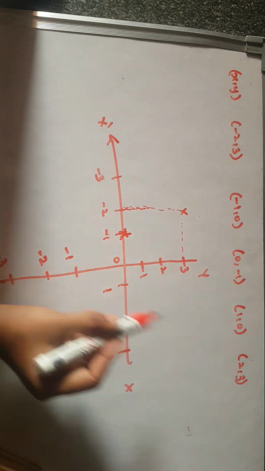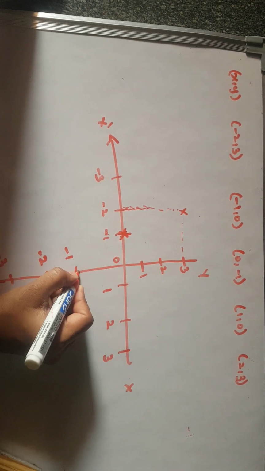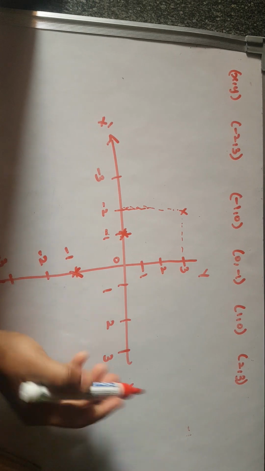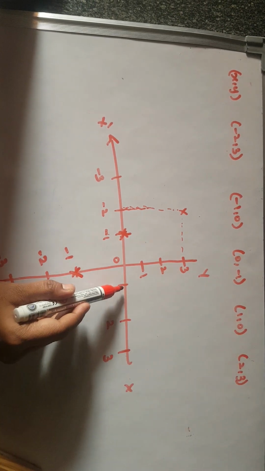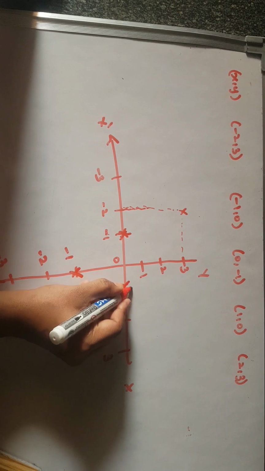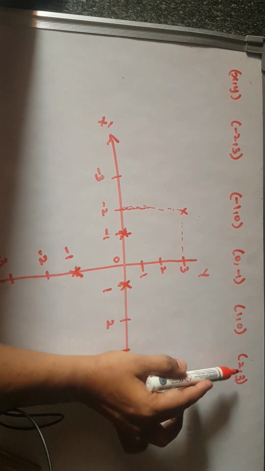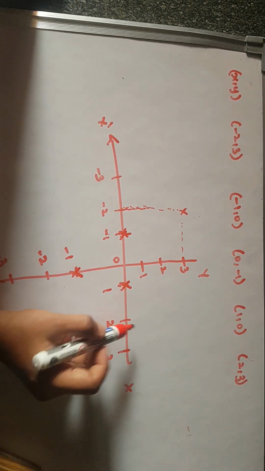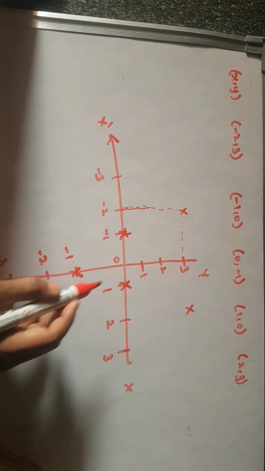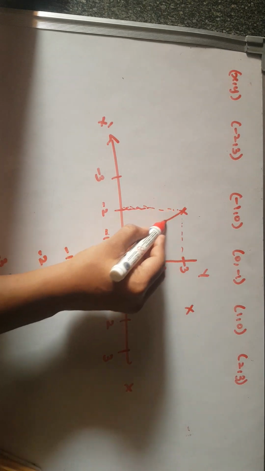And when you take 0, the value of y becomes minus 1. And when you take x as 1, the value of y becomes 0. And when you take 2, the y value becomes 3. So the graphical representation is like this.